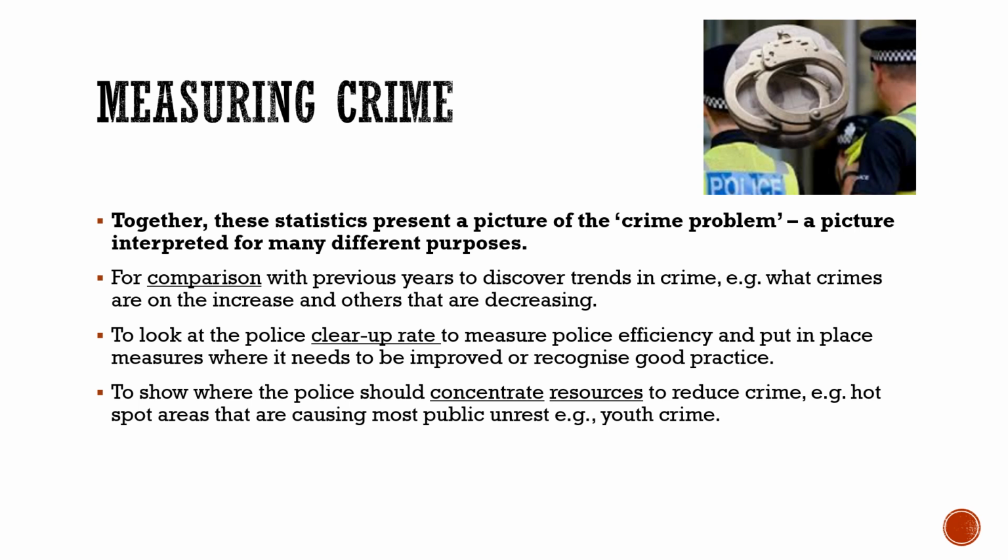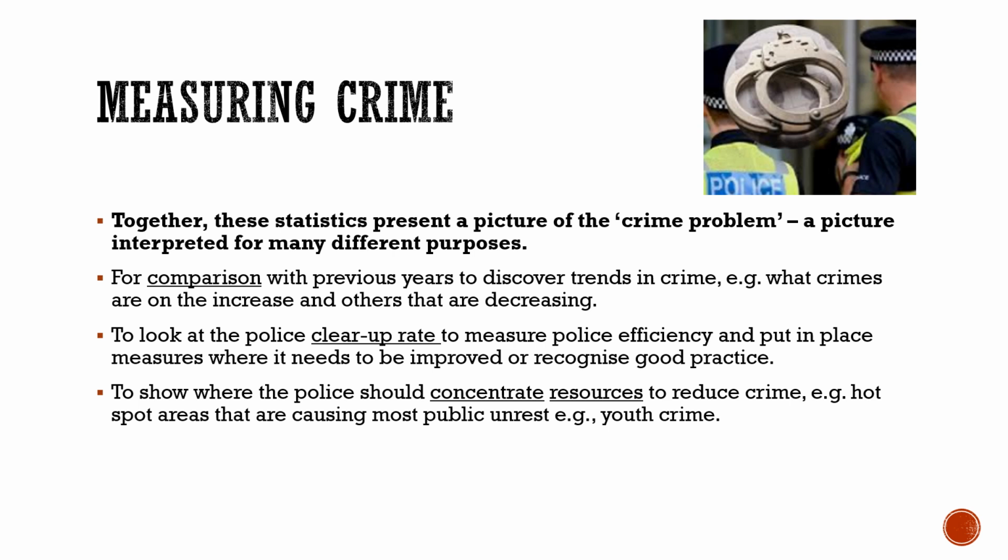So the main purposes of actually gathering all the statistical data and information about the picture of crime is that this is used for a number of different reasons in terms of both sociology and wider social agencies, so things like the police, the courts, and so on.